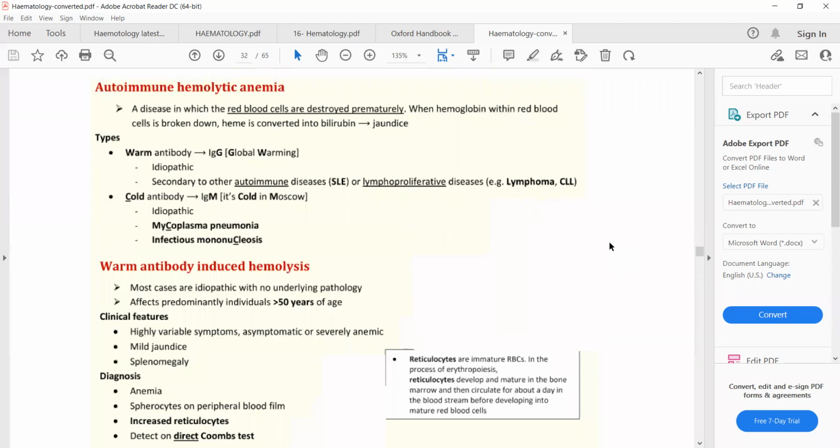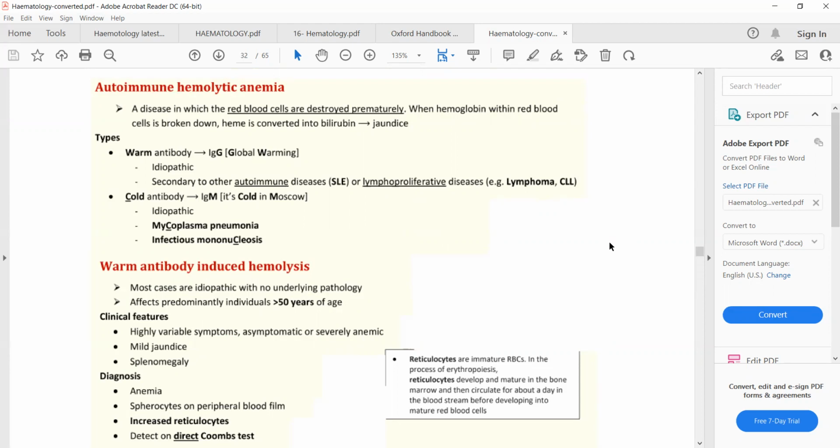The warm antibodies are mostly IgG. The cause is mostly idiopathic, there is no known cause, but it can occur secondary to autoimmune diseases such as SLE, and lymphoproliferative diseases such as lymphoma and CLL. So lymphoma, SLE and CLL are associated with the warm type of autoimmune hemolytic anemia.